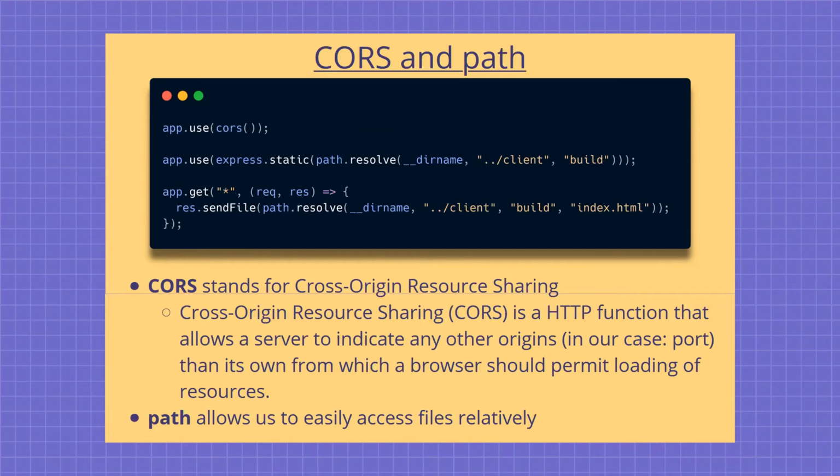Now that's a mouthful, so I'm gonna put it into a much shorter and more understandable term. Essentially, our application, which we set, is running on port 3001. Now, the main thing is Rachel could also be running an application, her front end, on the port 3000. But those two are different ports, which essentially means they are cross-origin.